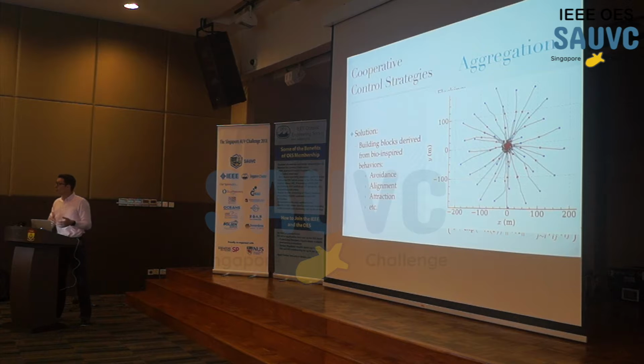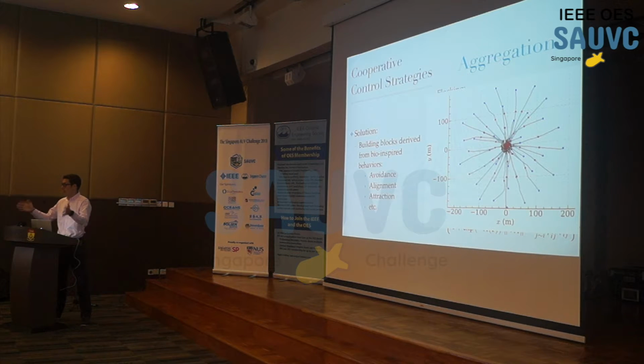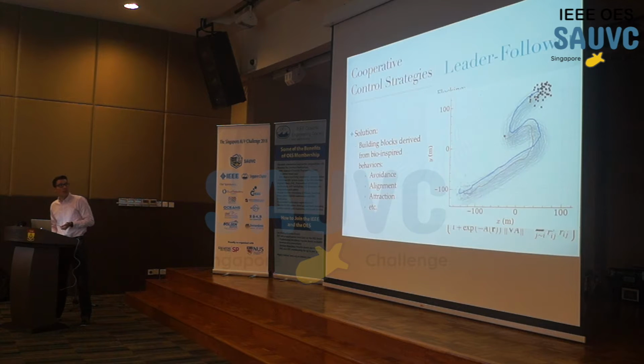We do the deployment, and essentially relax, stand back and observe what they're doing. As I said, the blue dots are the initial positions, red dots halfway through, and the black dots the final position. By themselves, they have been sharing information about where they were, and they managed to perform what we call aggregation or rendezvous in space.